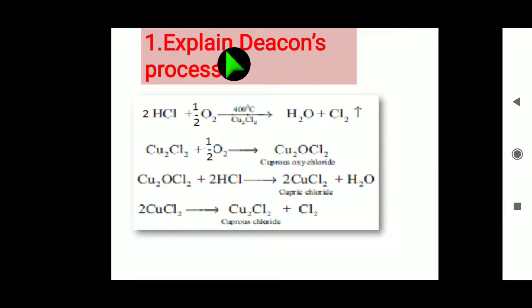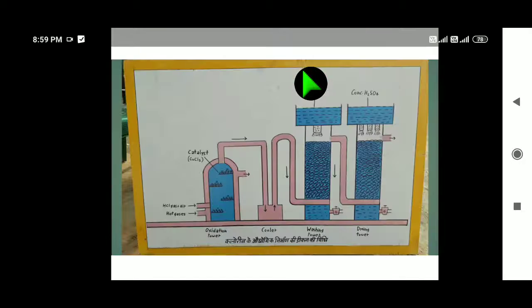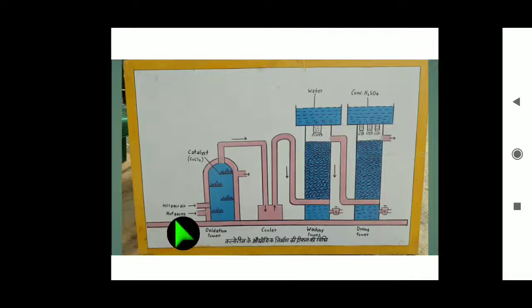Okay, another process. The process name is the Deacon process. Here I show the picture. In this process, a mixture of air and hydrochloric acid is passed in a chamber.